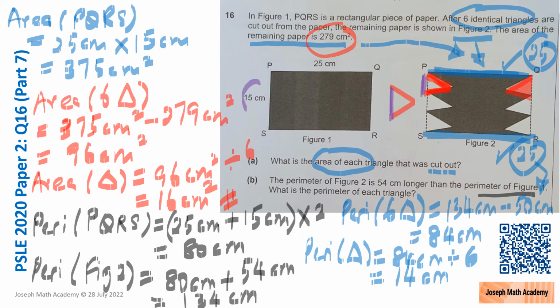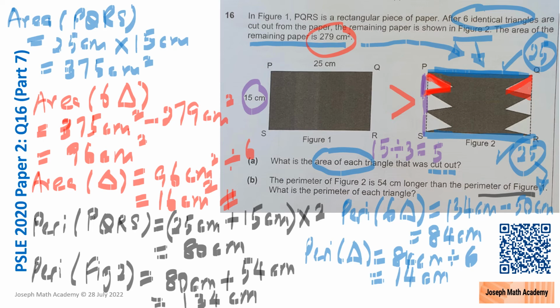it's actually coming from the breadth. Okay, now how many of such purple lines can we find? Okay, let's take a look. 1, 2, and 3. So we have 3 such purple lines, and these 3 purple lines come from the 15 cm. So what we do is we take 15 divided by 3, that gives us 5.